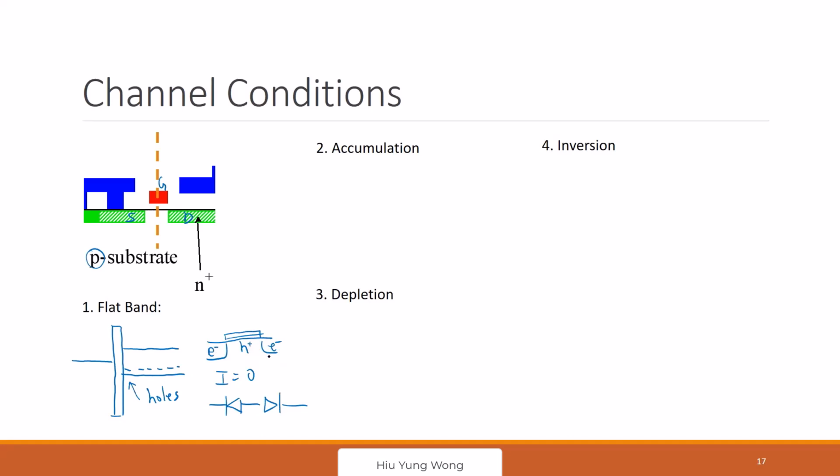Let's look at so-called accumulation. Accumulation is Vg smaller than Vt, or let's just say Vg is very negative. If you remember, how do you draw this band diagram? You make Vg negative, then you will get something like this.